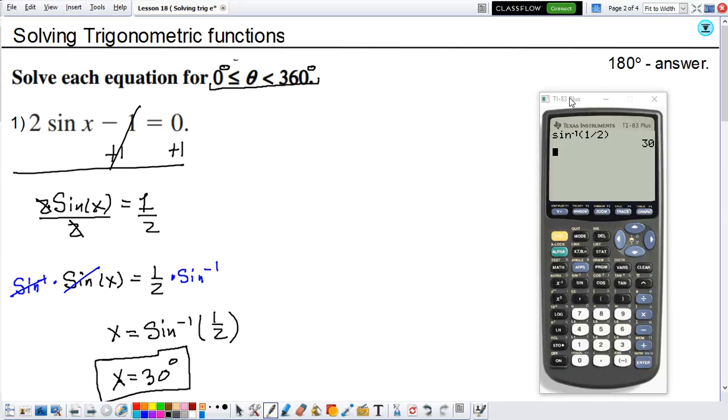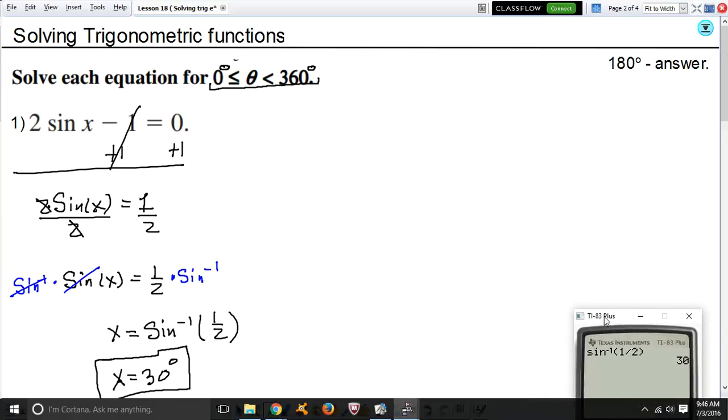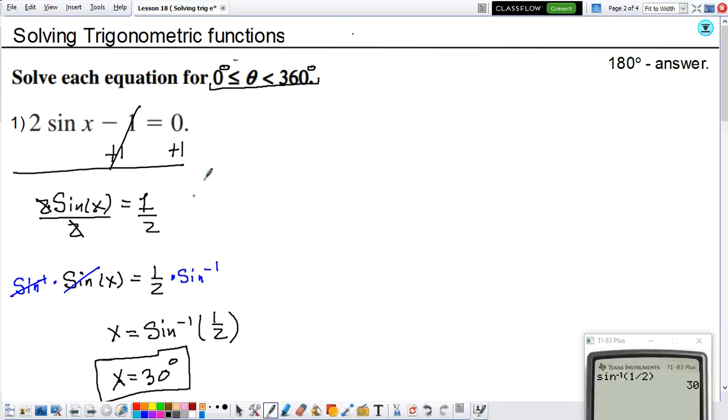Now, there's times where you need to check for another answer here. When we use the inverse of sine, there's times where you might have two solutions. So we need to check. This is our first solution. There's times where you have a second solution. So how do we check if there is a second solution?